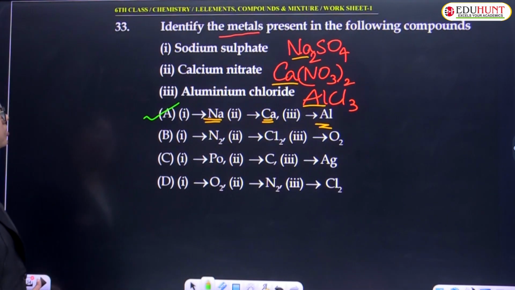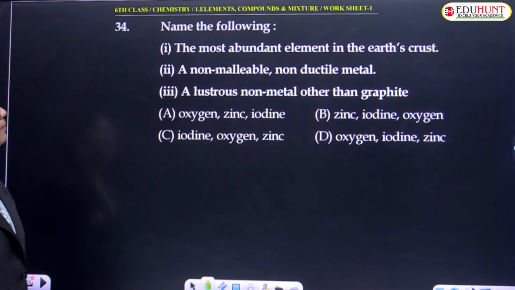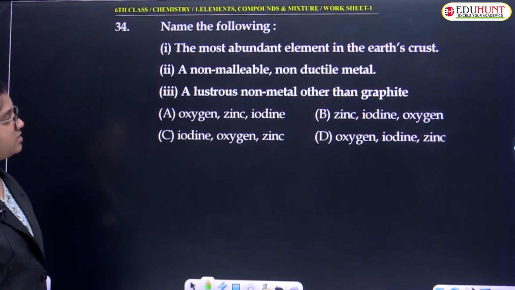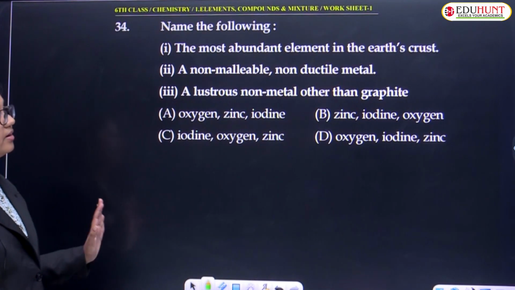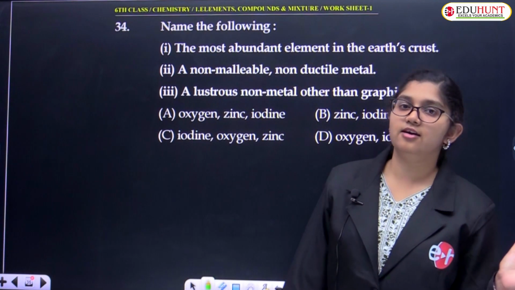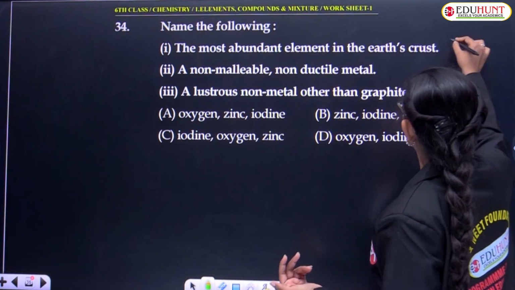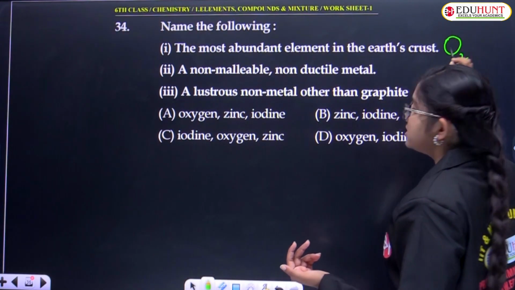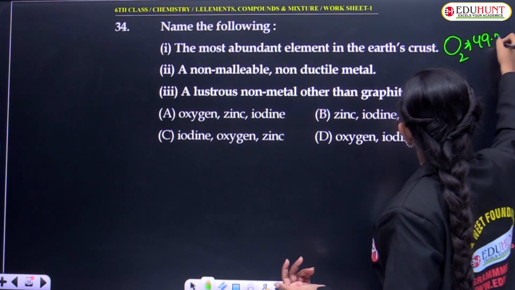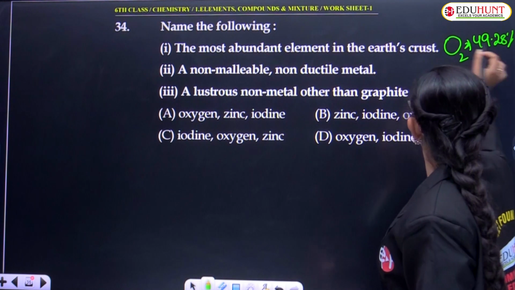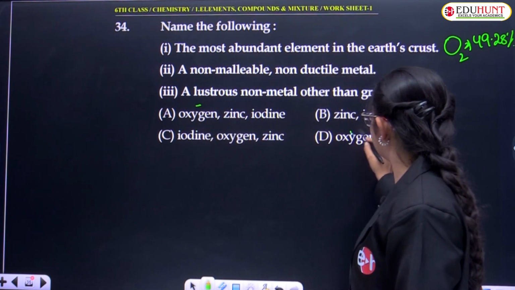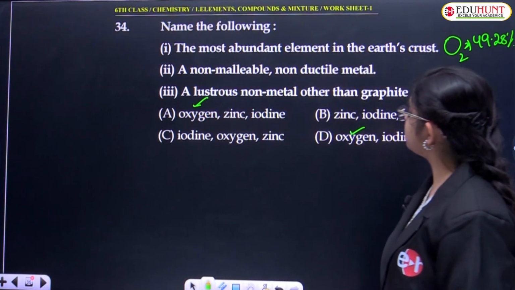Next question. Name the following. The most abundant element in the Earth's crust is oxygen, with a percentage of 49.28%.